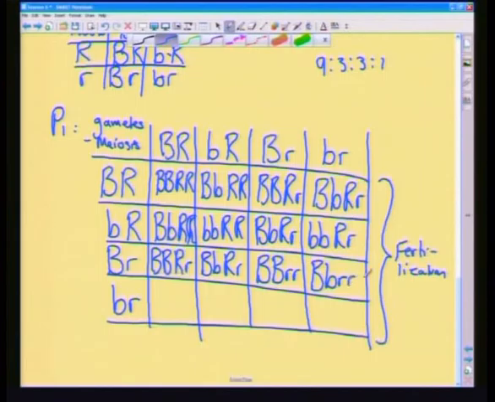Maybe you can hum, sing, if you've got a singing voice, while we do this, but it's actually fun. And just concentrate to make sure that you're getting your letters in the right place. Capitals first, small letters second, and your B's always in front.